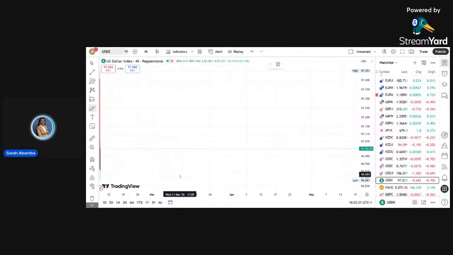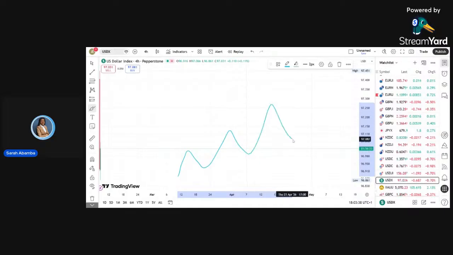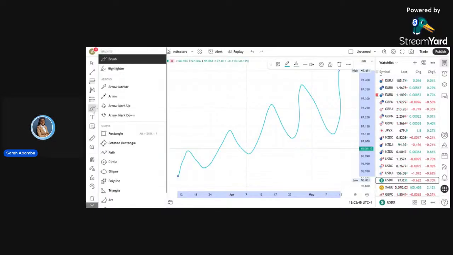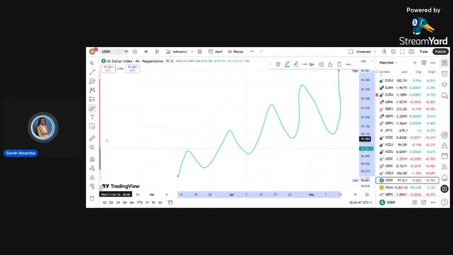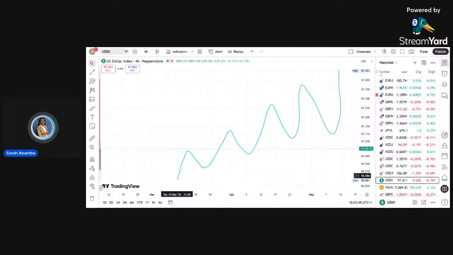So you have something like this. This is what an uptrend looks like. Your trend starts from this bottom and it goes up. You see that this next point is higher than the previous point.